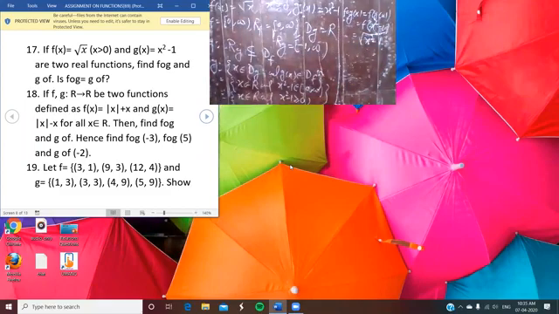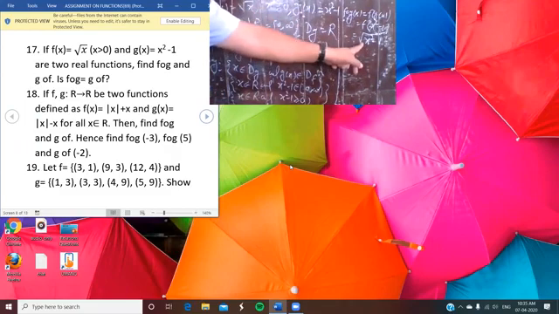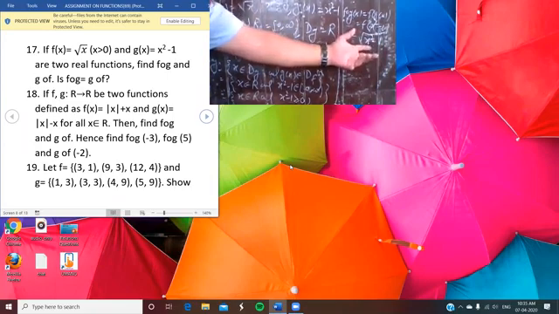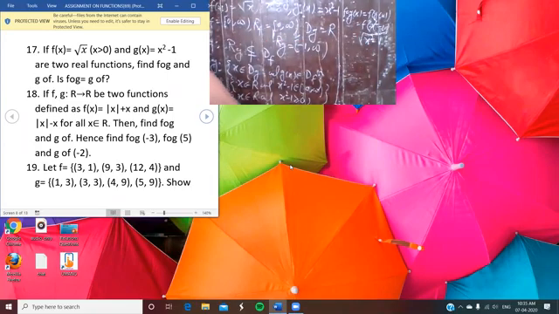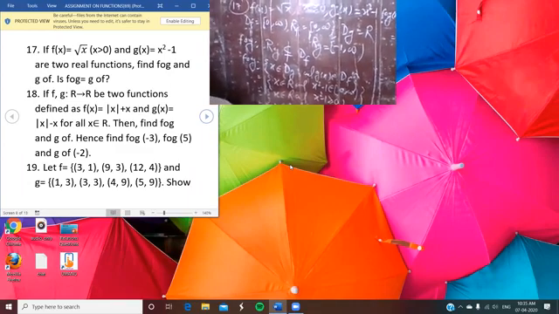If you find the domain of this function, it is also x square minus 1 greater than or equal to 0. Here you see that you have the same domain as obtained for fog. So in this way, you have the value of fog.